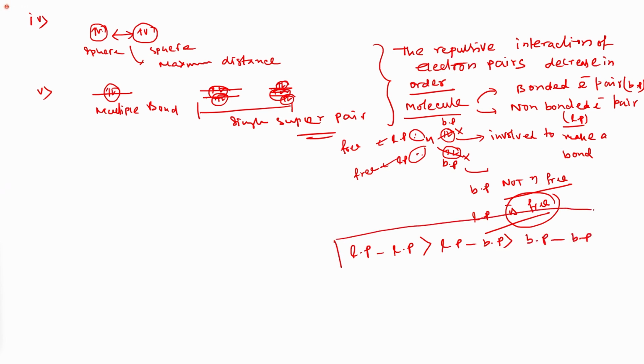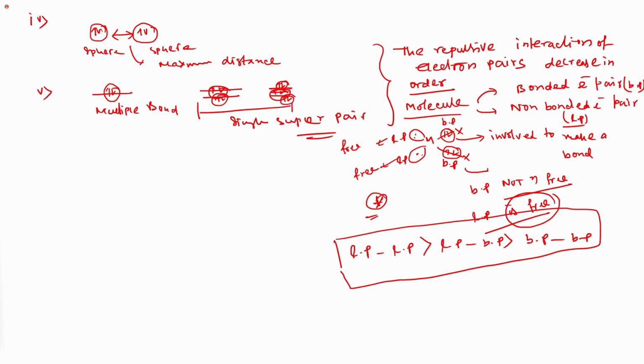So in the order of repulsive interaction, bond pair repulsion will be less, lone pair-bond pair repulsion will be medium, but lone pair repulsion will be very high. This is the important point: why lone pair repulsion is very high compared to bond pair repulsion.